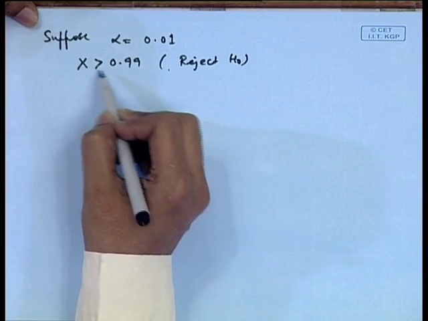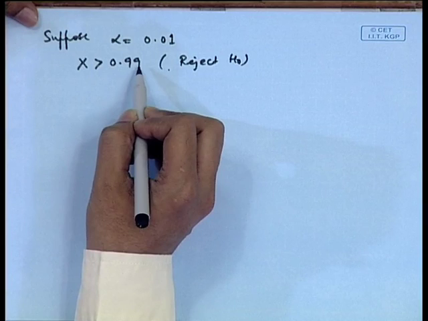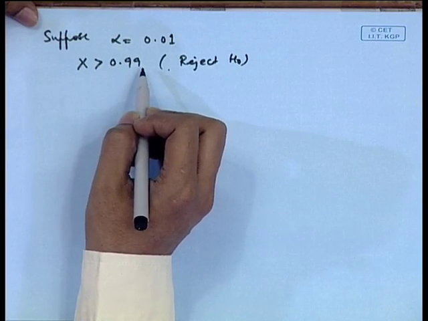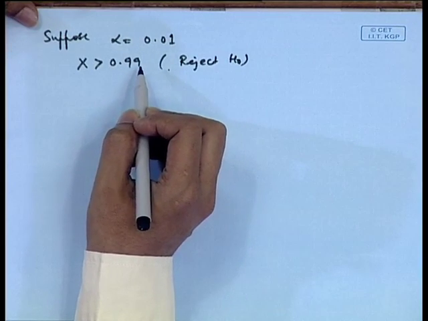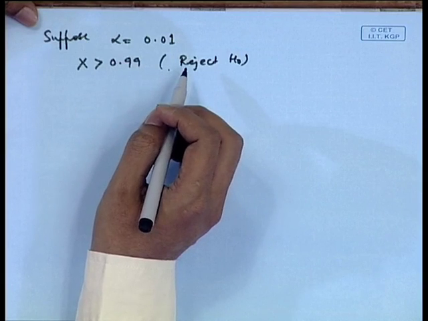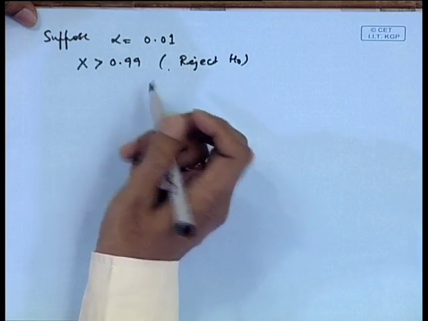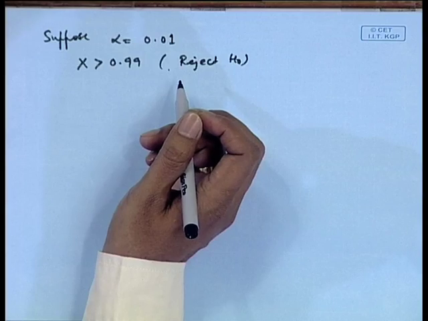On the other hand, if you observe x to be less than or equal to 0.99, you have no reason to reject H naught.